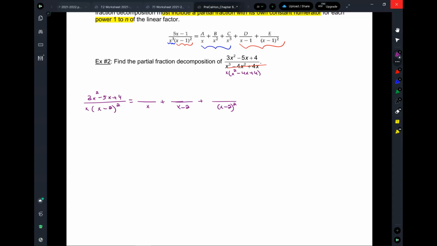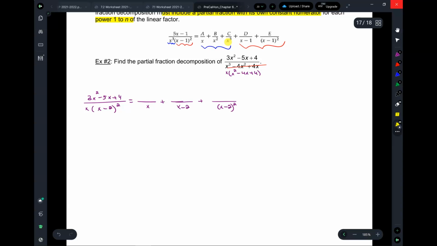The thing that's being raised to an exponent is linear, correct? This is linear. Here, it's x cubed at the very top. Right here, you have an x cubed, but still, the thing that's being raised to the power is linear. That's why its numerator is a constant, 1 degree less.